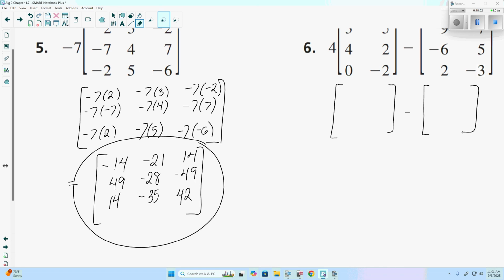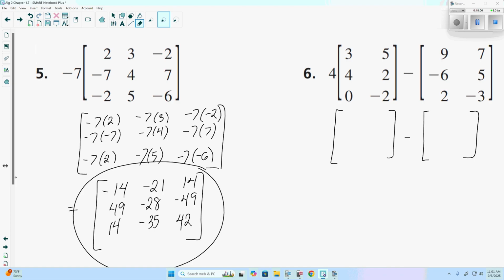We're ready to look at number 6. We have a scalar of 4. We'll have to deal with it first. So we're going to multiply that 4 through.